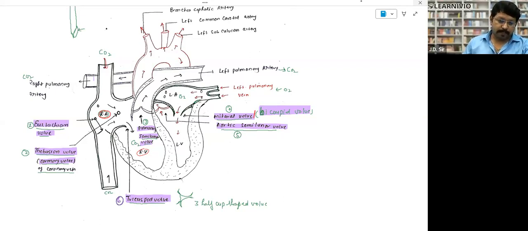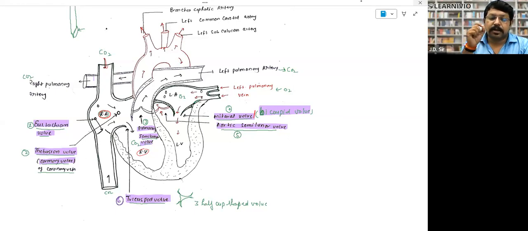Fourth valve, pulmonary semilunar valve. When blood goes from the right ventricle into the pulmonary artery, the backflow is prevented by the pulmonary semilunar valve, right? Please note down. Pulmonary semilunar valve. Semilunar means half-moon shape. Pulmonary means lungs, right?